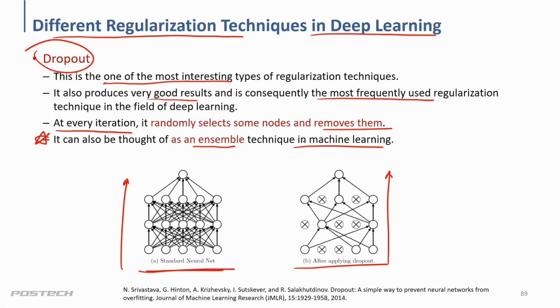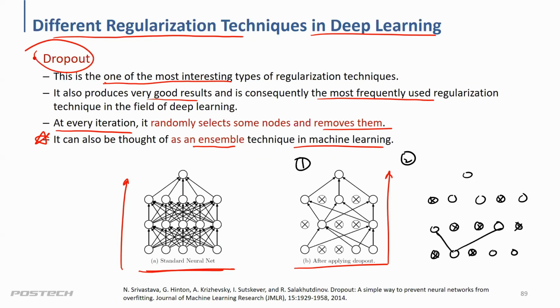Say this was the first iteration, and in the second iteration you get different nodes dropped out, and so on.